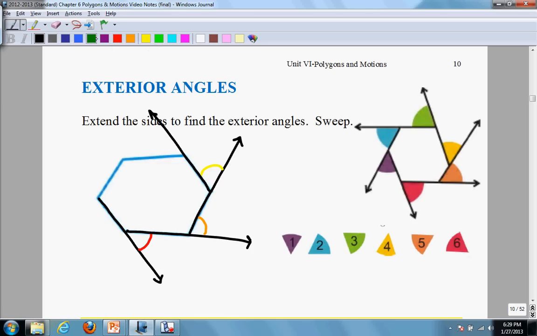All of these, when you stretch out a side, that angle on the outside, these are called exterior angles. So that is an exterior angle. If you look really carefully at these exterior angles, if we were to shade them in, they make little pizza wedges.